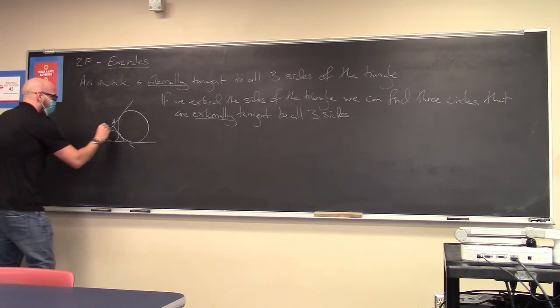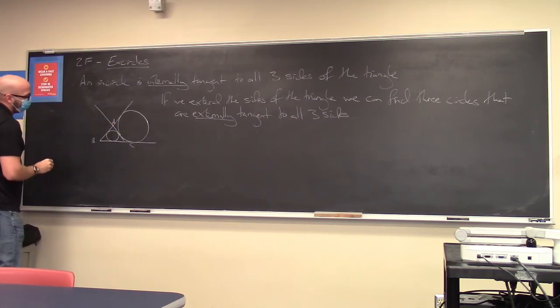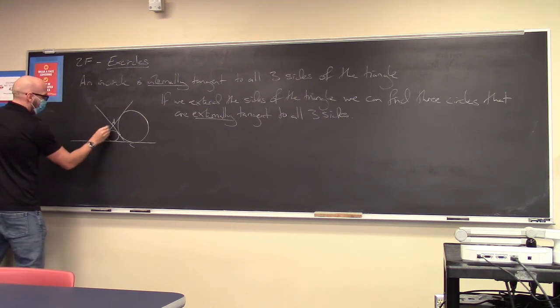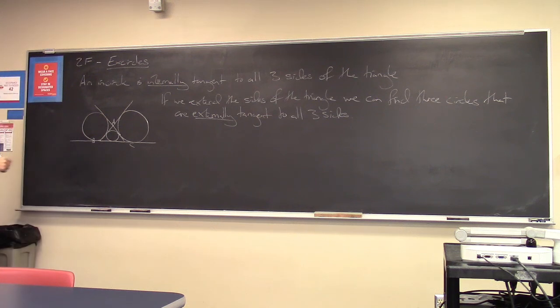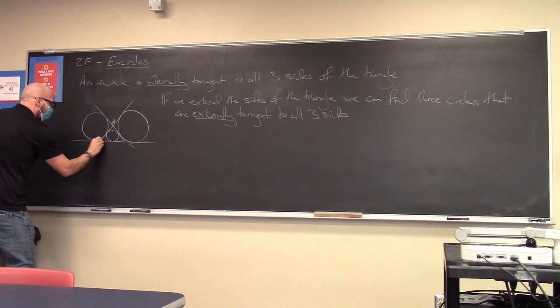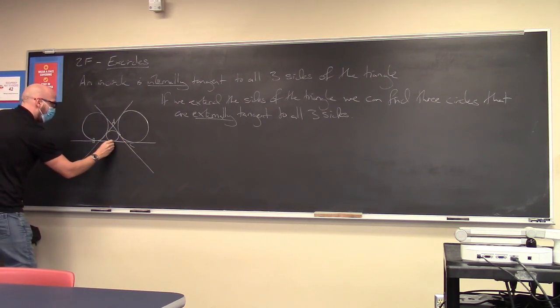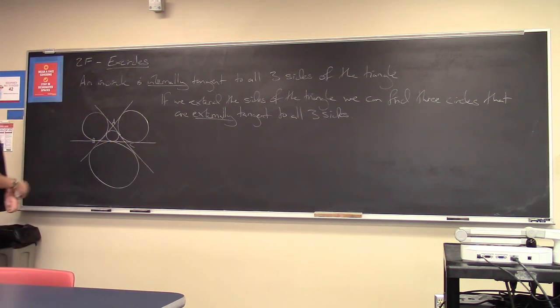Okay, so I have two more in this picture. If I extend AC out and BC out in this direction, there's another excircle that overlaps this line a little bit the way I drew it, but not meant to. And let me extend this guy. It's pretty big.